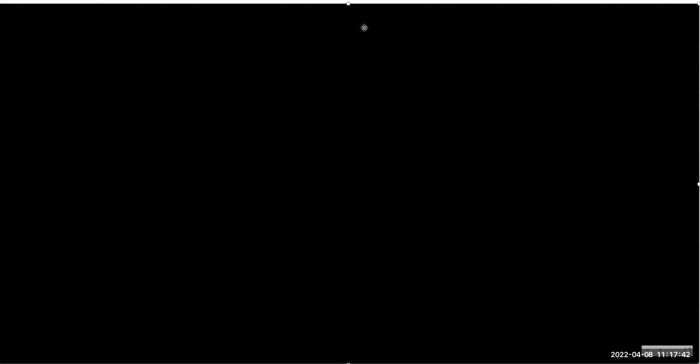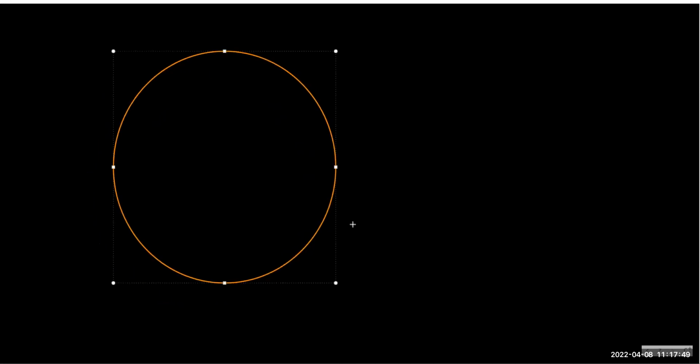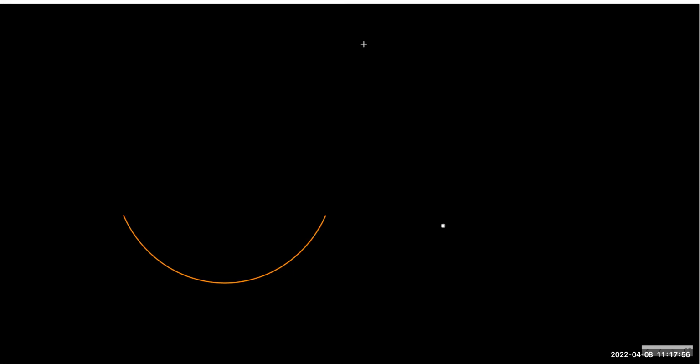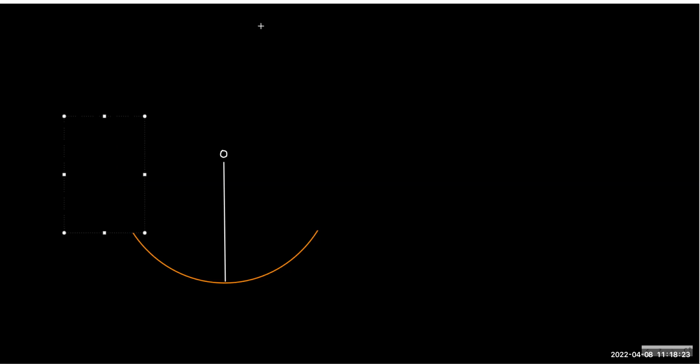If we have a circular path, maybe like this, you can see this is the center of this curvature.